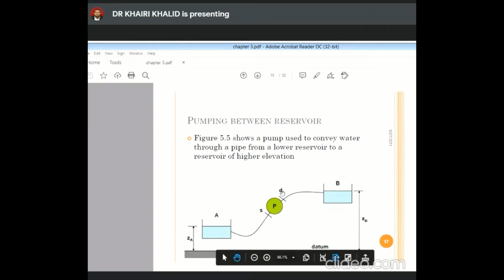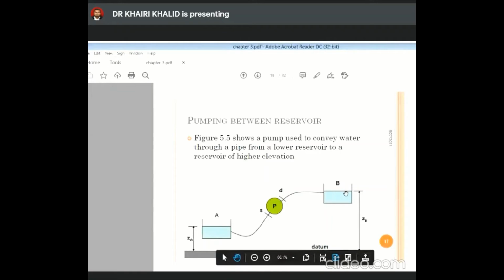So what we need to do, again, as I said just now, we need to come up with the energy equation between both points, between both ends. Why? As we commonly practice inside the tank, the velocity at point A and velocity at point B is reaching zero.